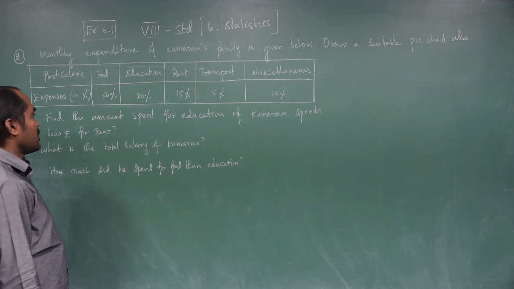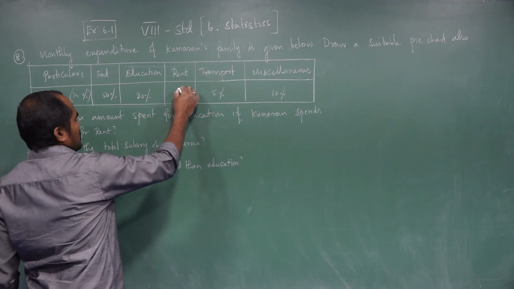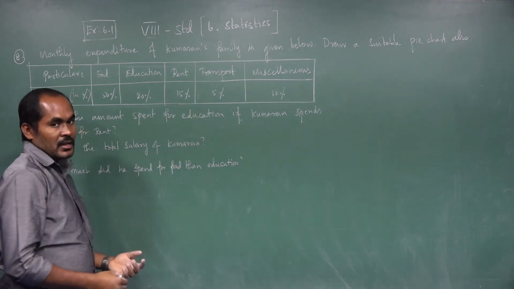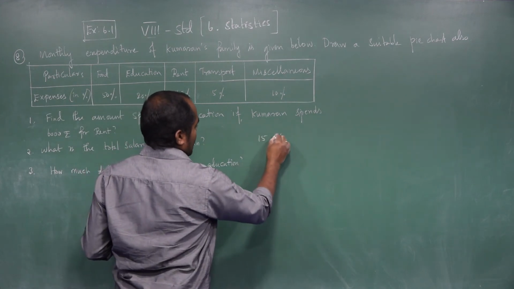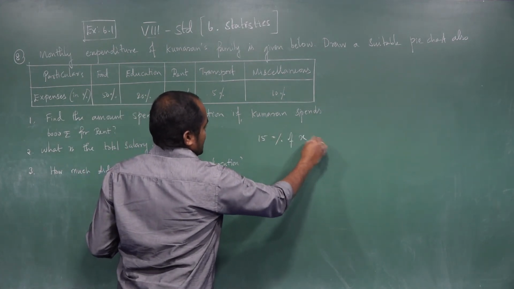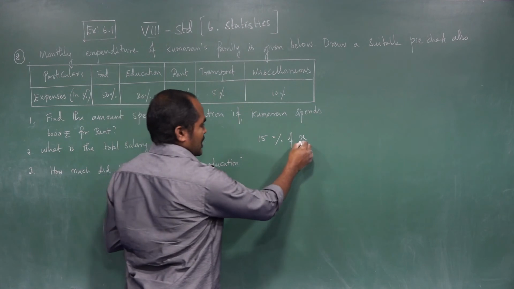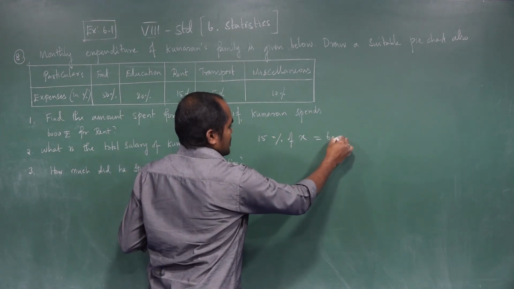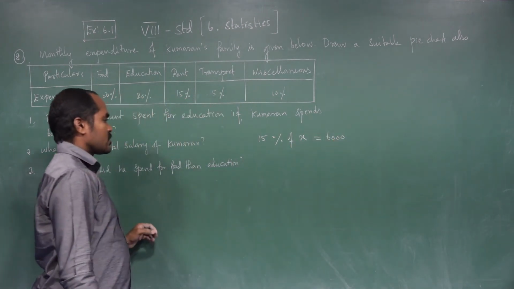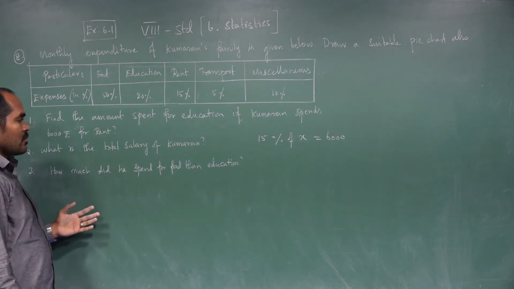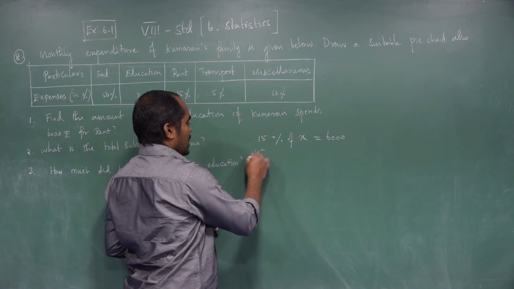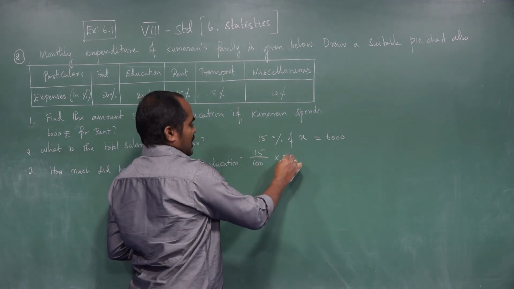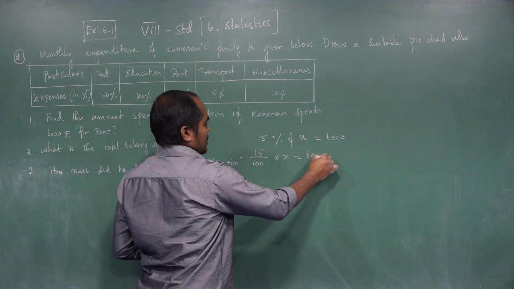Kumaran spends 15% of salary as rent. So 15% of X, right? X denotes total salary. For his total salary, 15% amount is 6,000. So 15 by 100 into X equal to 6,000.